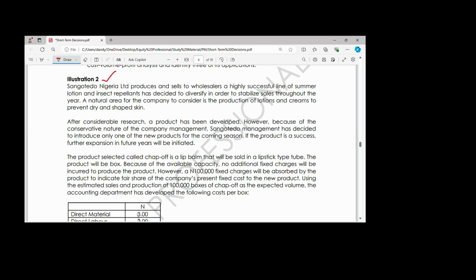After considerable research, a product has been developed. However, because of the conservative nature of the company management, Shangotedo management has decided to introduce only one of the new products for the coming season. If the product is a success, further expansion in future years will be initiated.